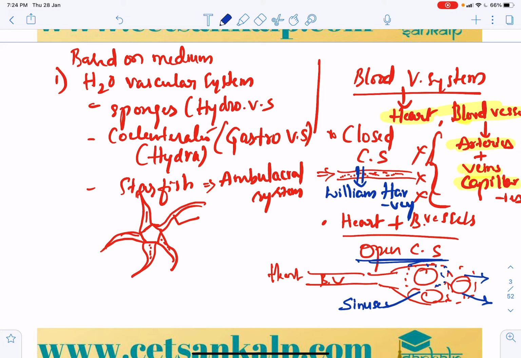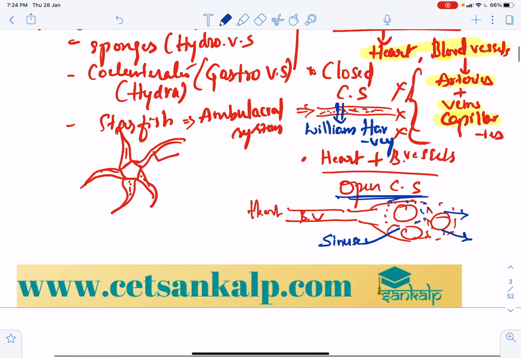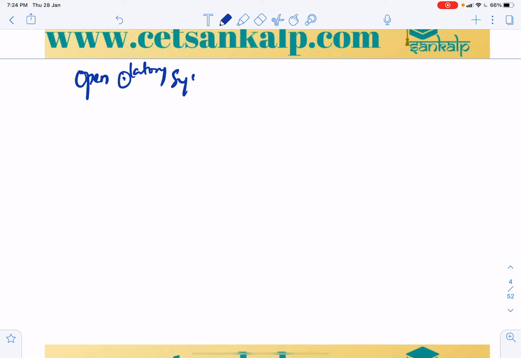Next, let us move on. In the blood vascular system, we have the closed and open circulatory systems. Let me take examples for the open circulatory system. Almost all invertebrates have an open circulatory system.